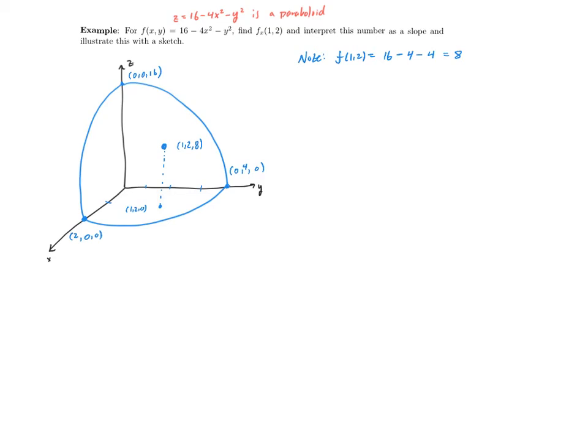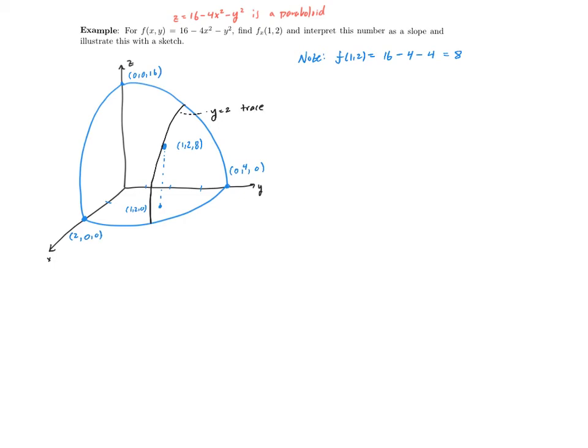So before computationally determining the value of the partial derivative at (1, 2), let's interpret it. To interpret this partial derivative, we look at the y equals 2 trace, because we want to fix y and vary in the x direction. The y equals 2 trace would be where that y equals 2 plane cuts our surface. So in black, we have the y equals 2 trace.